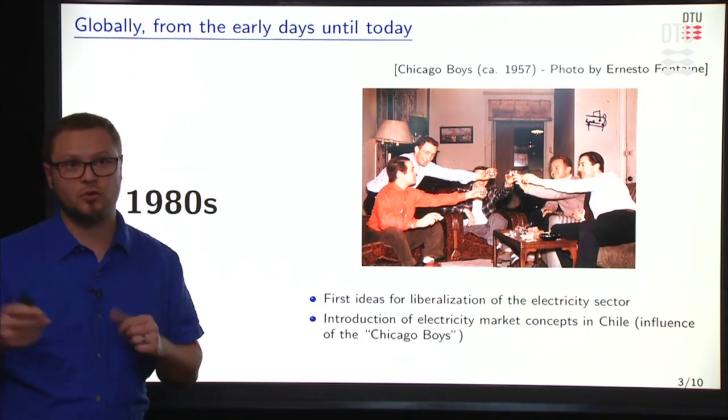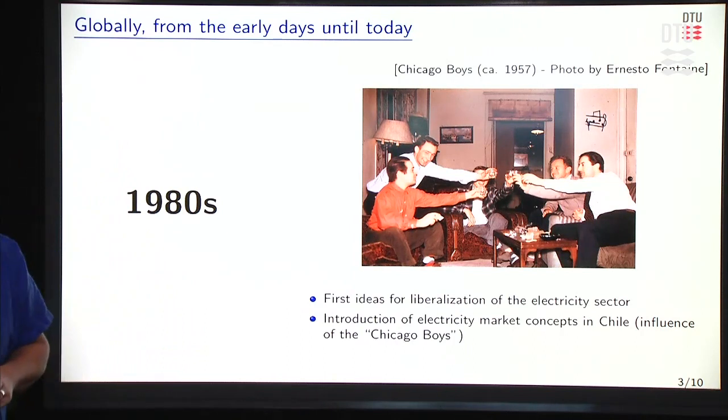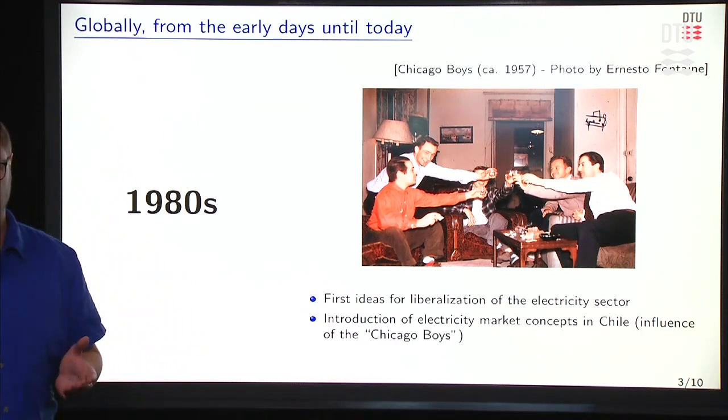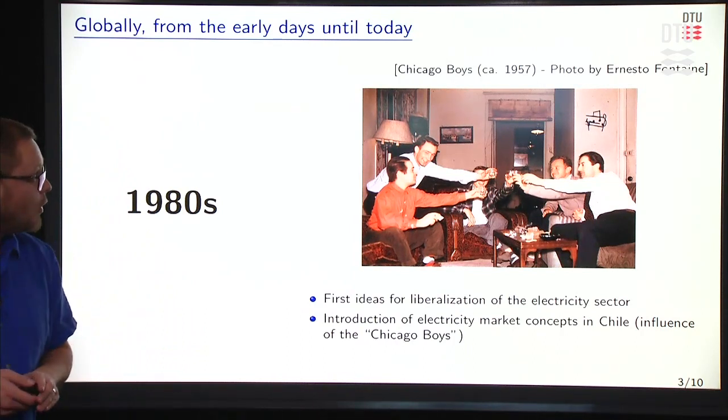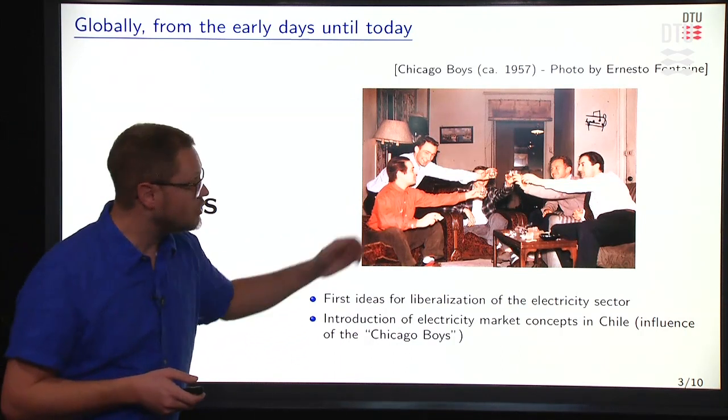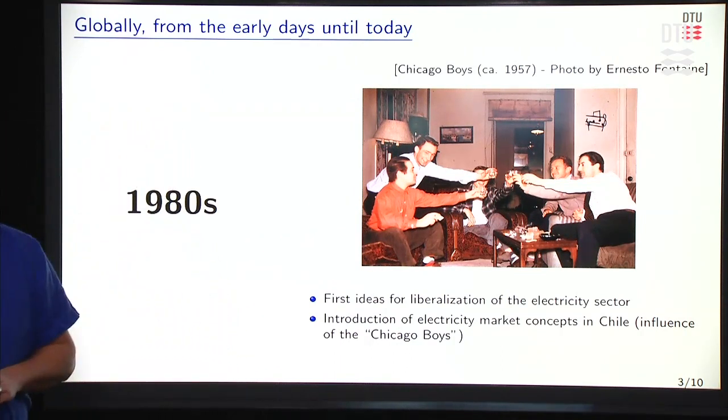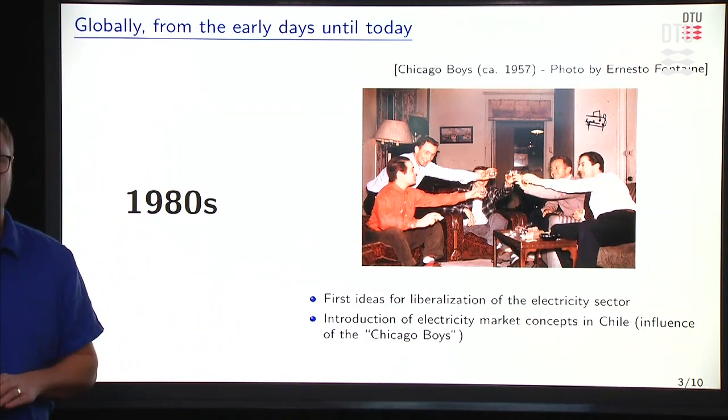Looking really through history, we could say that this story started in the 80s, in the early 80s. We often refer to these men, the Chicago Boys, who were a group of Chilean students who were sent to the US thanks to a Fulbright program.